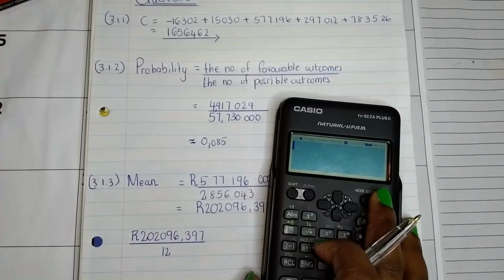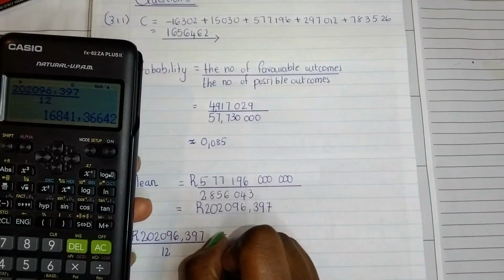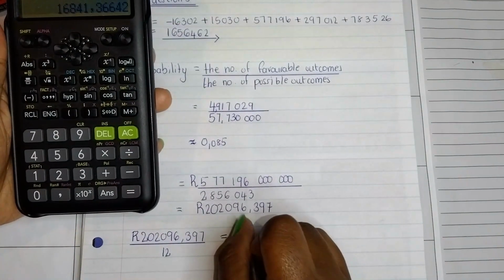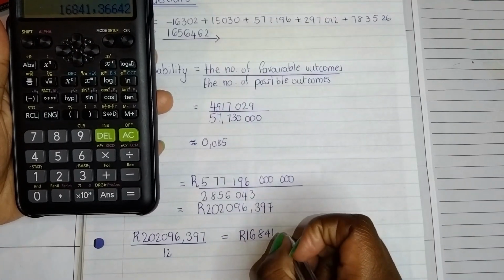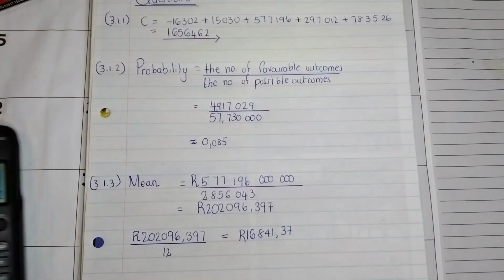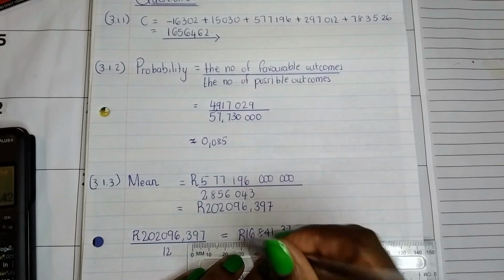If you take 202,096.397 and divide it by 12, you'll get 16,841.37. So that is the mean monthly taxable income per taxpayer in the 70 to 350K taxable income group.